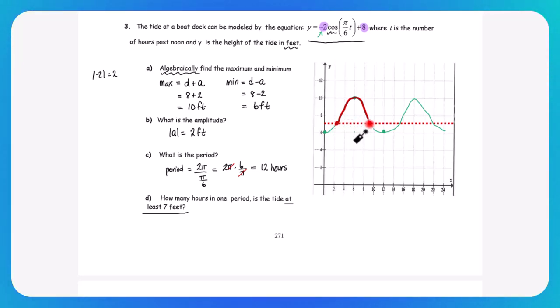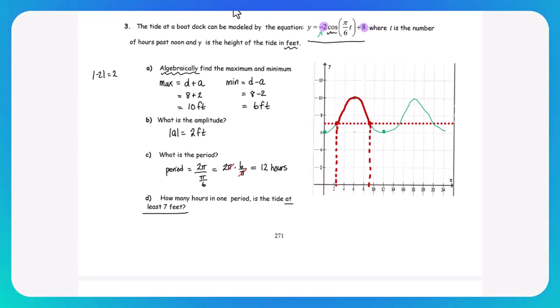And that's going to represent the total time that the height of the tide is above 7 feet. So all through here. So in other words, when I find this point, I'm going to drop this line down to find the corresponding x value. I'm going to drop this line down to find the x value.